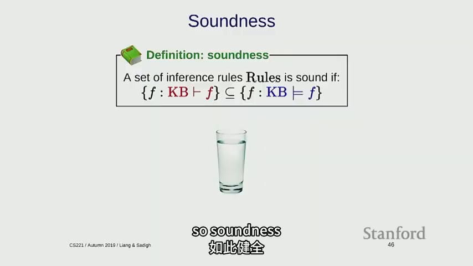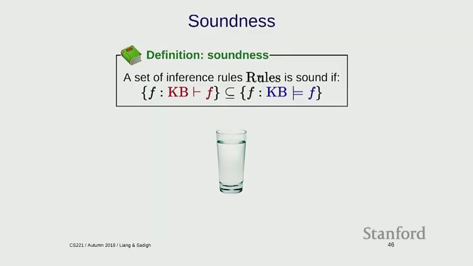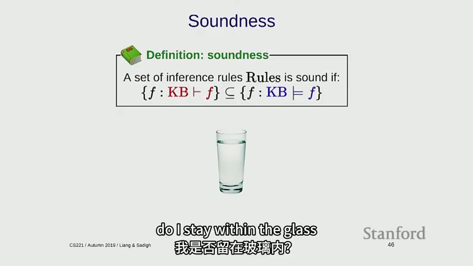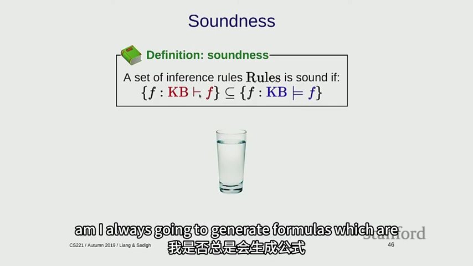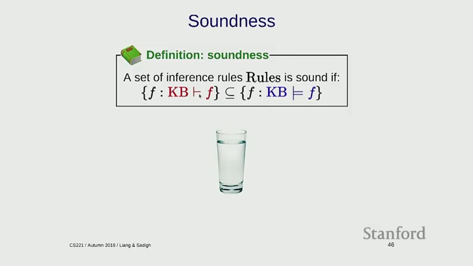So soundness is a property of a set of rules. And it says, if I apply these rules until the end of time, do I stay within the class? Am I always going to generate formulas which are inside the class, which are semantically valid or entailed?